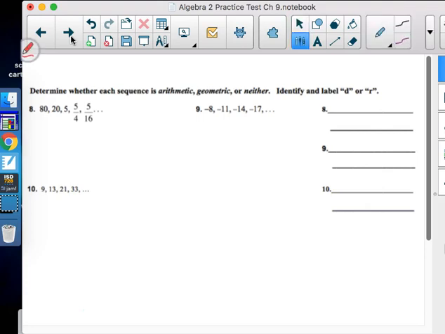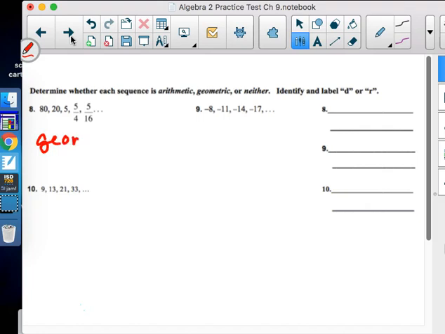Number 8. Determine whether it is arithmetic, geometric, or neither, and then follow it up with, hey, it's arithmetic because D is this, or, hey, it's geometric because r is this. So, what do you see in 8? Divide by 4? We don't have one that divides. Oh, it is geometric.